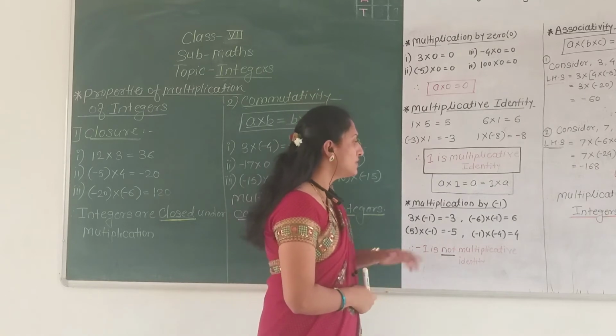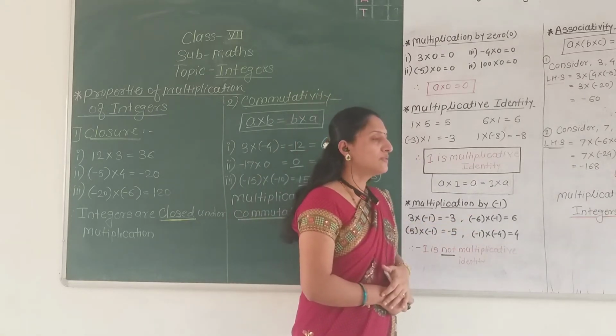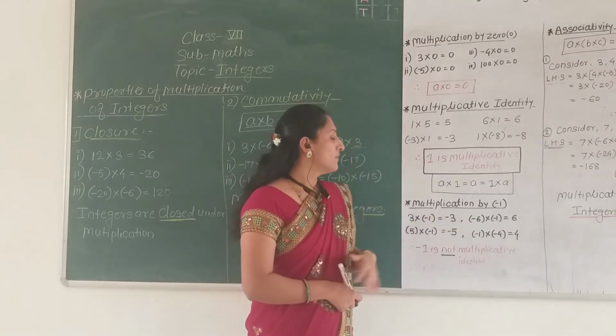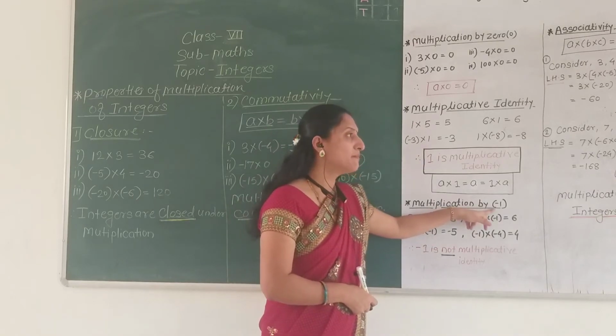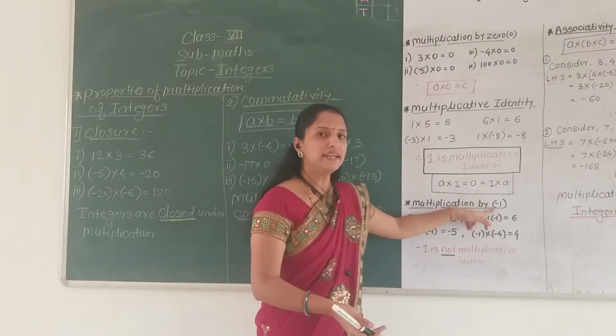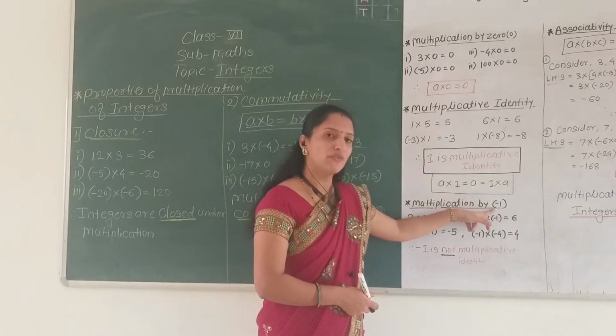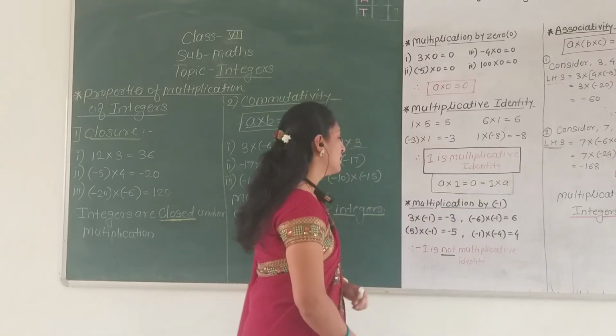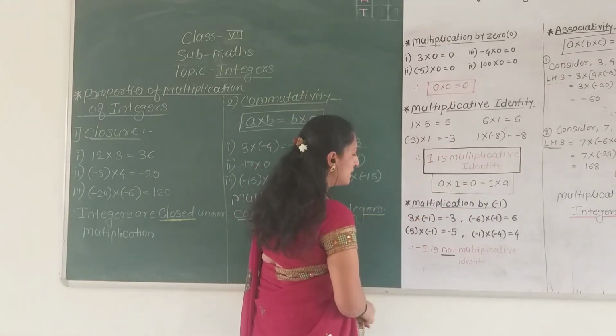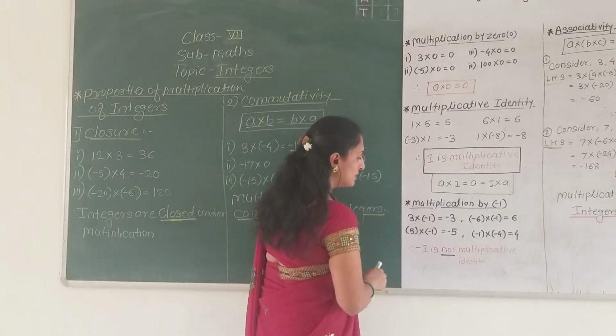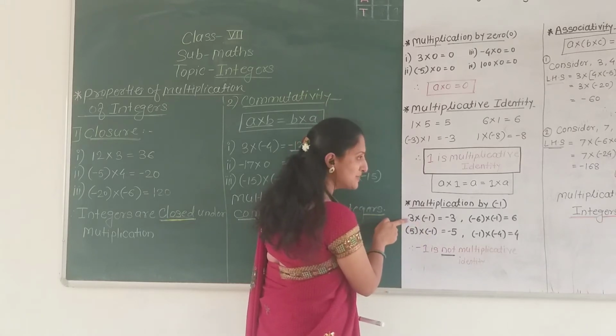Now what about minus 1? Now listen students, when we multiply with minus 1 with integers, let us check what will happen here. If I multiply 3 into negative 1, now look at here. Here 3 is positive.